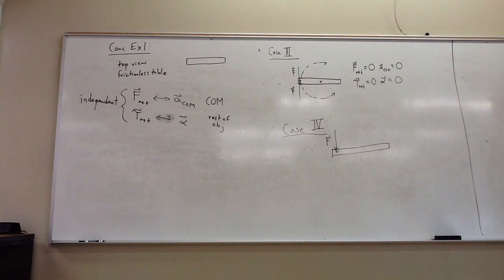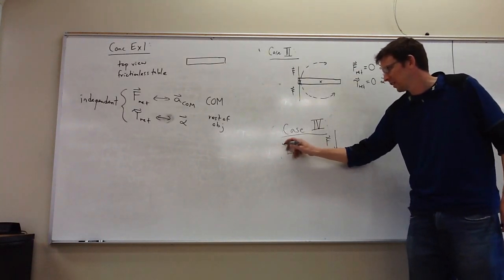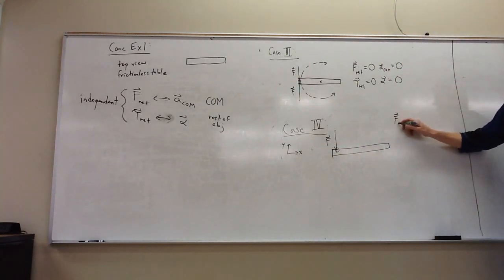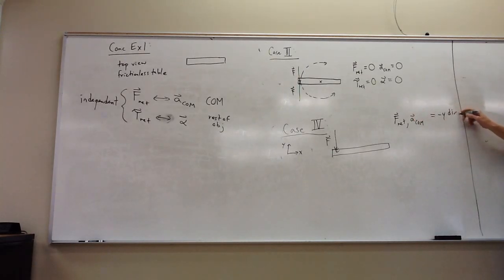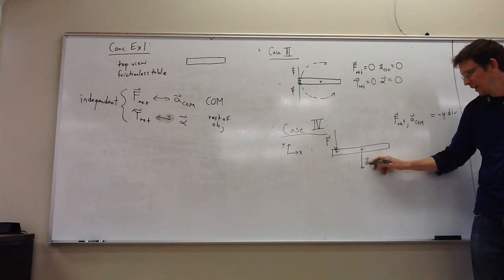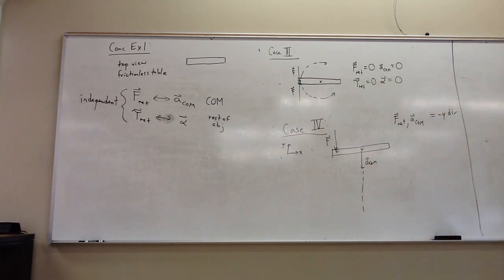So what's the direction of my net force if I use the x and y axis like this? Negative y. So my net force and my acceleration of my center of mass, they're not 0, they're in the minus y direction. So if I exert a force like this, then the center of mass, this point over here, has to move in a straight line.